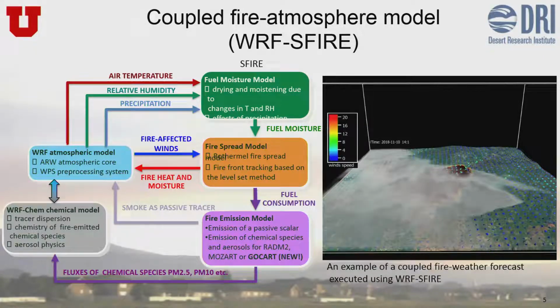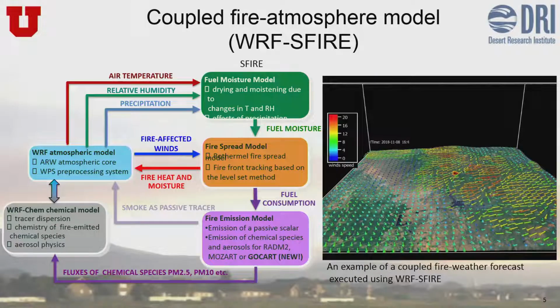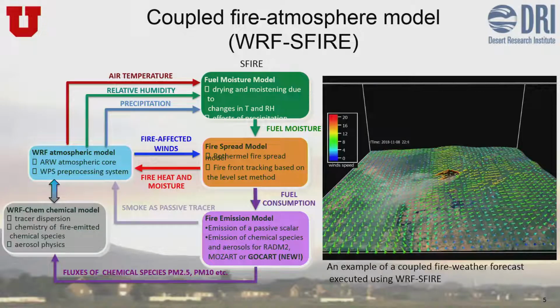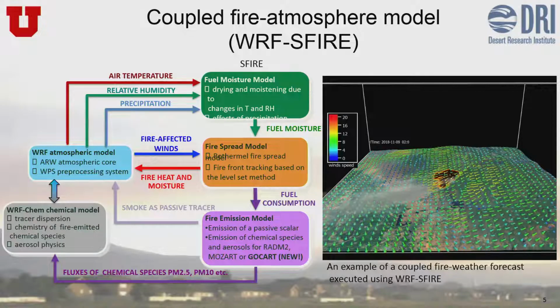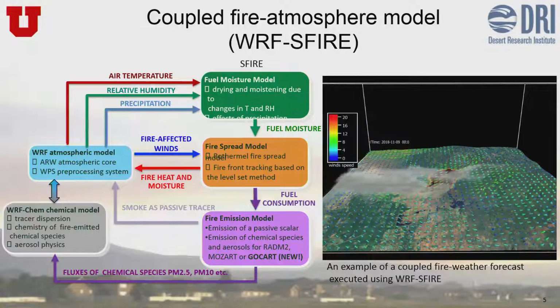And the additional 3 connections you see here: air temperature, relative humidity, and precipitation. That's what goes from the atmospheric model to the S-fire fuel moisture model, and then goes to the fire spread model.